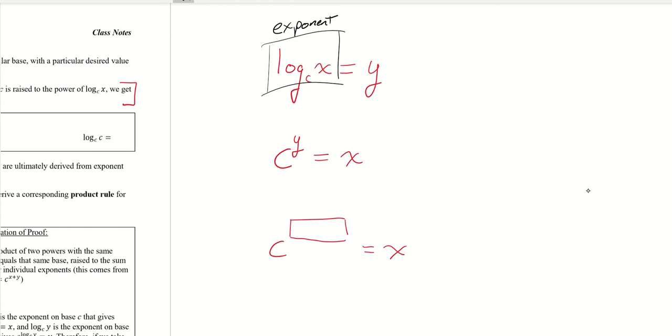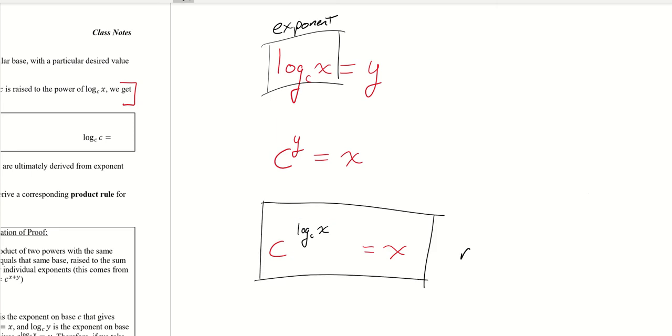So we can write this as c to the power y, whatever we symbolize as the answer to log base c of x, or we could represent this as c to the power of, and here's the jump, log base c of x, and that would be equal to x. Eventually, you should be able to see an equation like this as somehow naturally true.